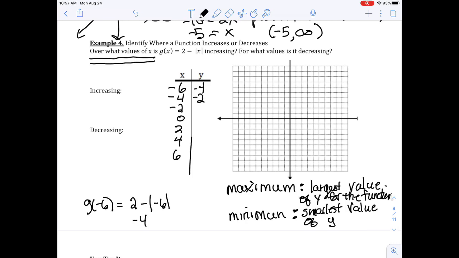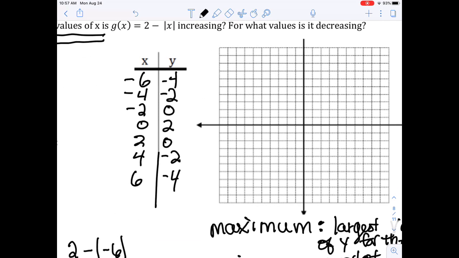If I plug in -4, I'm going to get -2. If I plug in -2, I'm going to get 0. If I plug in 0, 2; 2, 0; 4, -2; 6, -4. And again, hopefully you will see the symmetric nature of this symmetry. Okay, so let's plot that. Zoom in to plot.